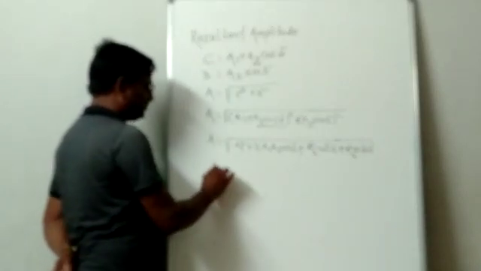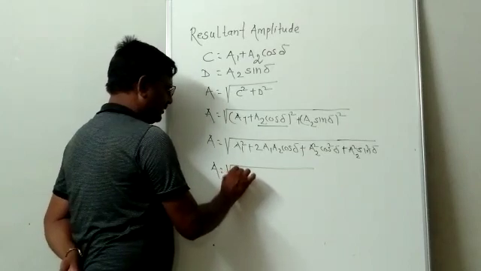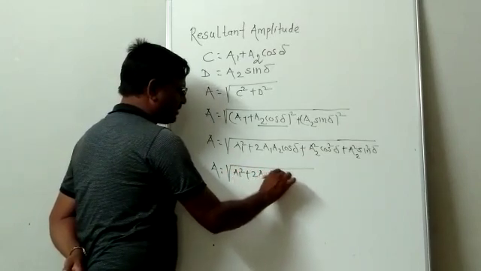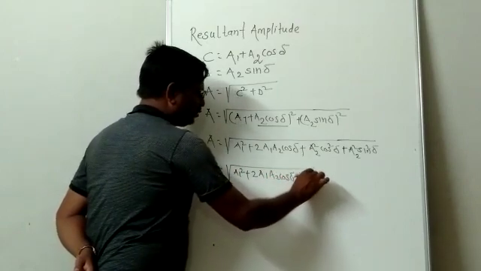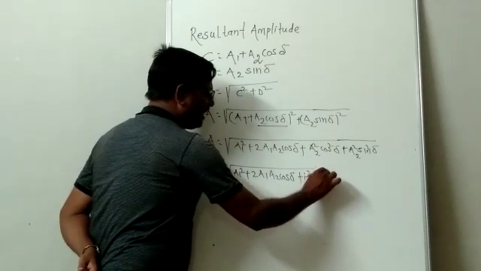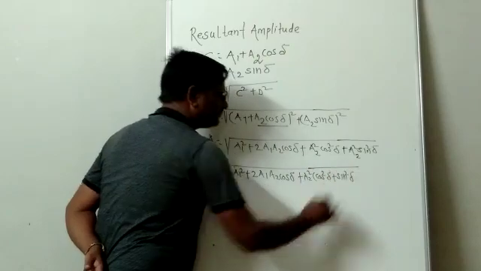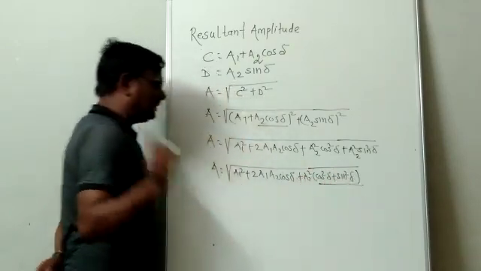Now capital A is equal to the square root of A1 square plus 2A1 A2 cos delta. A2 square can be taken outside, cos square delta plus sin square delta, bracket closed. But the value of this bracket is 1.